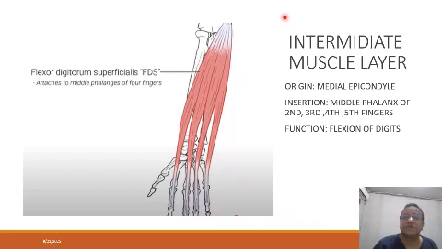So in the mid forearm, it's divided into four muscle bellies, and they will cross the wrist joint and go towards the digits, and that tendon will be attached to the middle phalanx of second, third, fourth and fifth fingers.